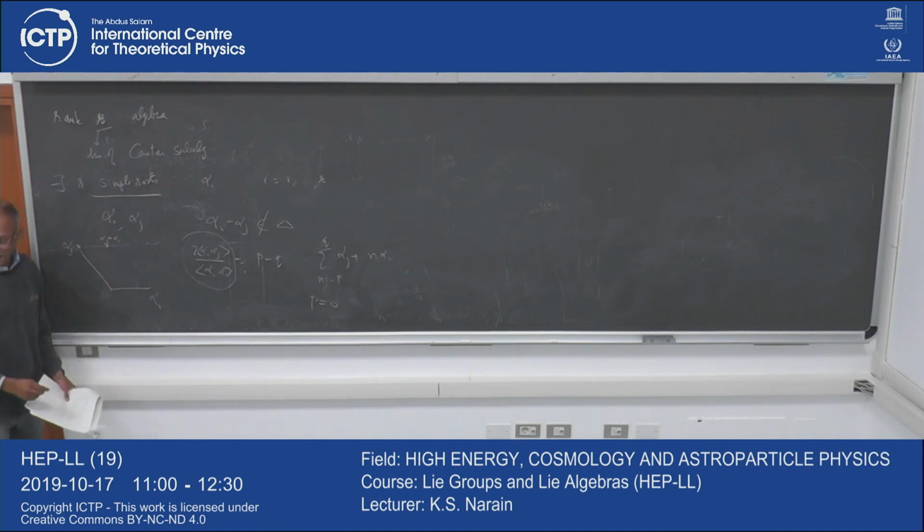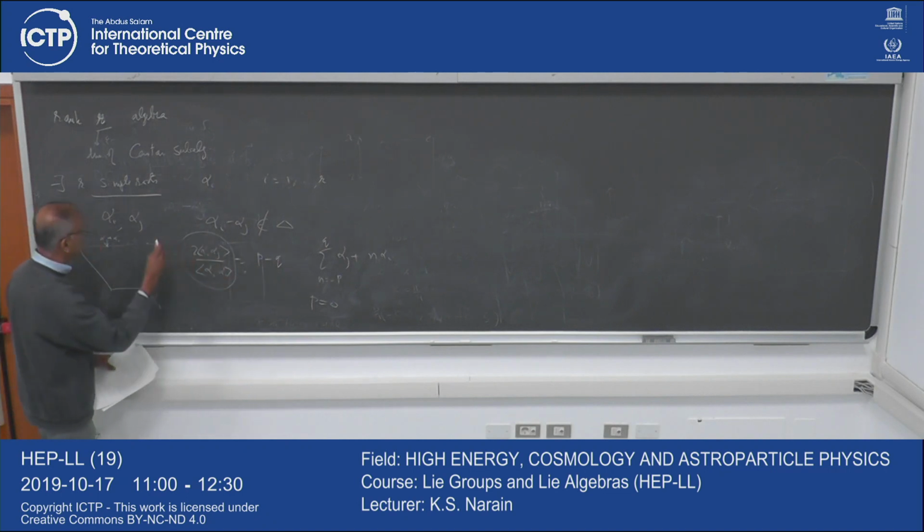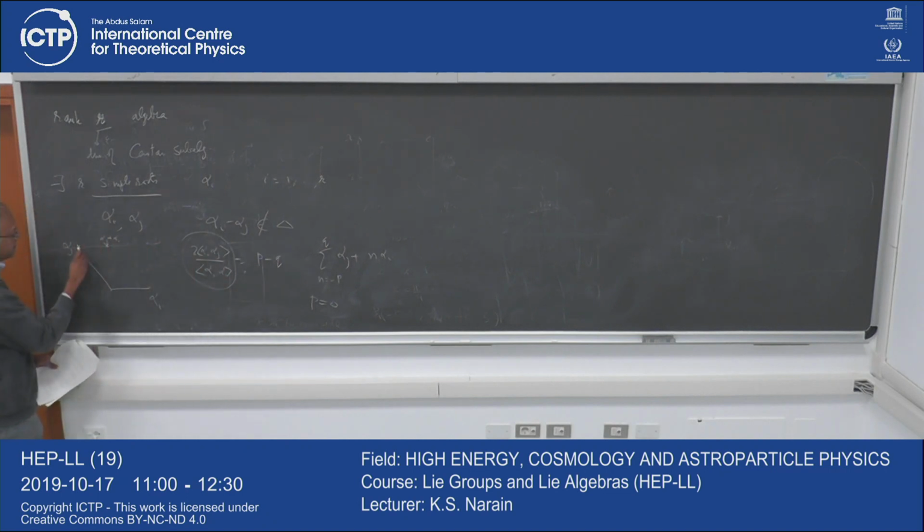For example, suppose Q was 3, then it will go up to this point: 1, 2, 3. So this will be a spin 3/2 representation from this SU(2) point of view. Spin 3/2 is dimension 4.